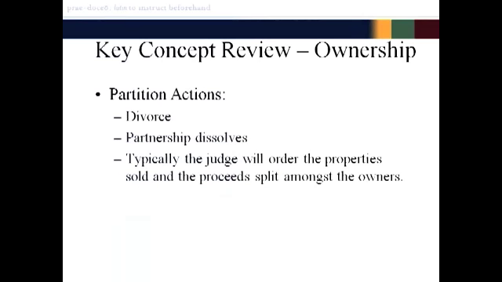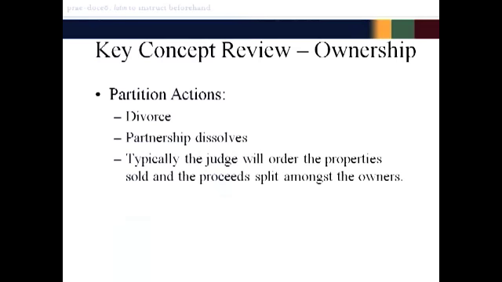When partners don't see eye to eye, there could be a situation where they have to part ways, and that could be a partition action. One of the most common partition actions is divorce, where a couple has decided not to be together any longer, and so the judge is going to decide what's going to happen with that property, or at least ratify what the owners decided to do.